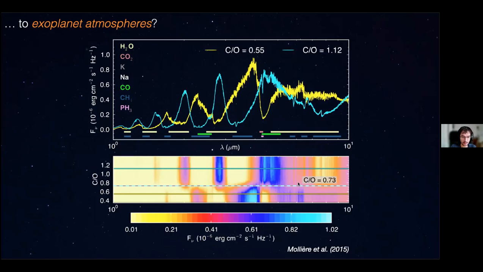Basically, once the C/O ratio reaches a certain value, depending on the temperature of the planet, this can be around 0.7 or around 1, you have methane-dominated atmospheres, and water-dominated atmospheres below a certain C/O ratio. But even the smaller variations that you see here are still traceable with observations. So there's actually hope that we can measure the C/O ratio of planets.